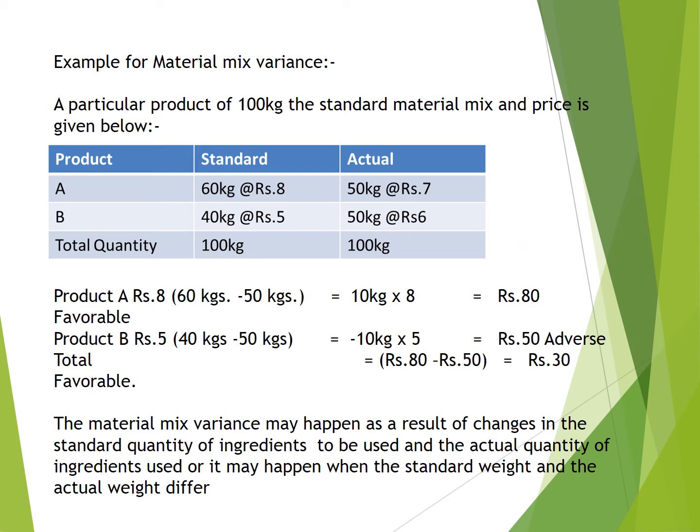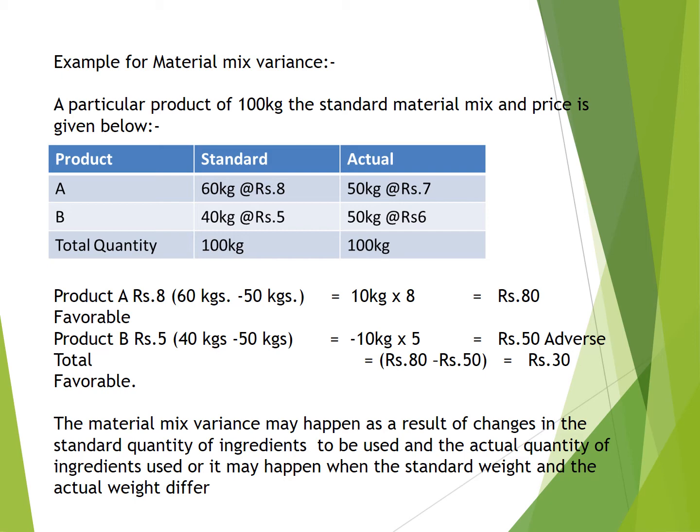Now let us have an example for material mix variance. A particular product of 100 kg, the standard mix and price is given below. Actually, product A and product B, two quantities are used for a particular product. First, the standard quantity for product A is 60 kg at rupees 8, whereas when the production happened, they used only 50 kg and the market rate was only 7 rupees.